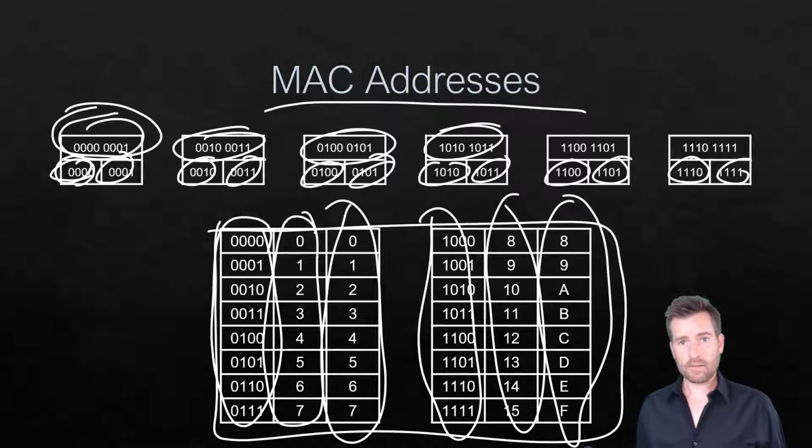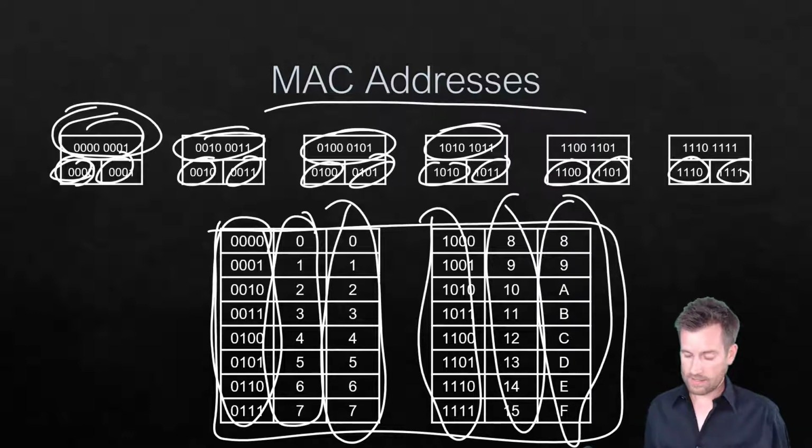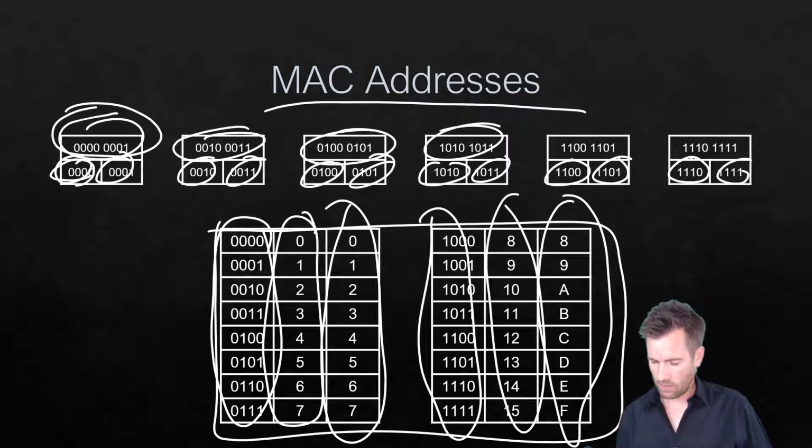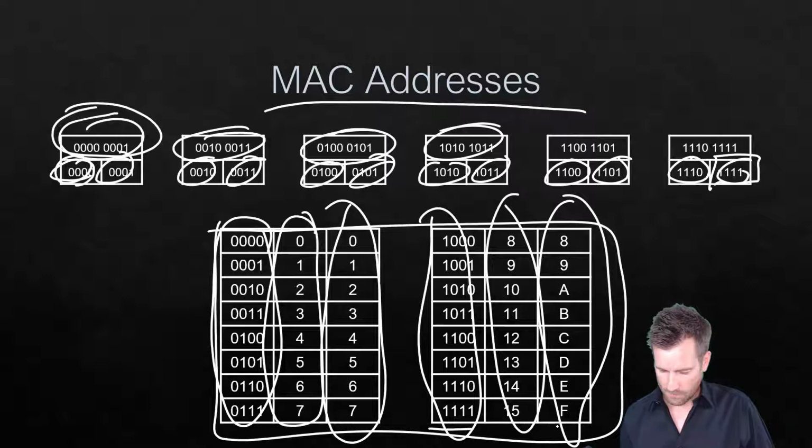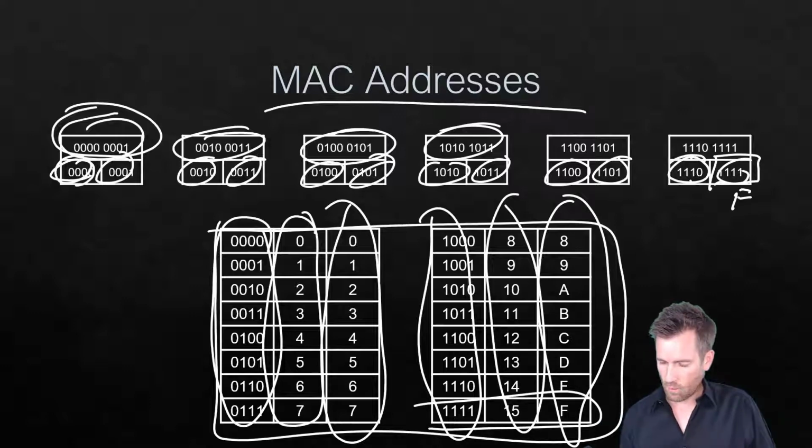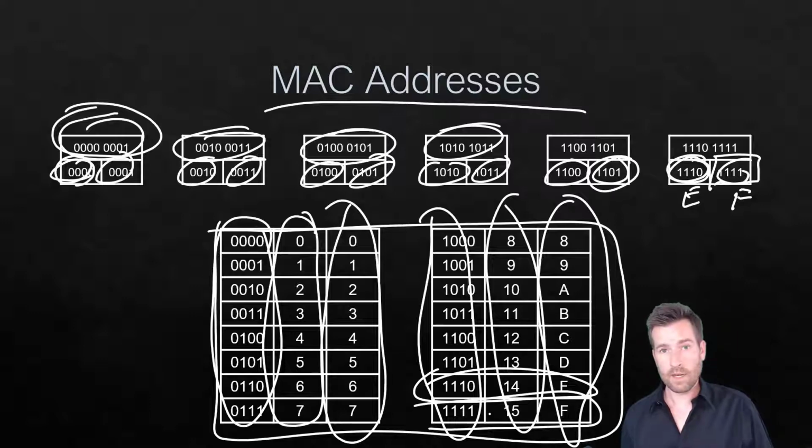And then each one of these, I need to translate into what the hexadecimal value is. So here I've got 1111. I look this up in my table and that's an F. I look at the next one, 1110. I look that up in my table and that's an E. My next one is 1101. Look that up in my table and that's a D.